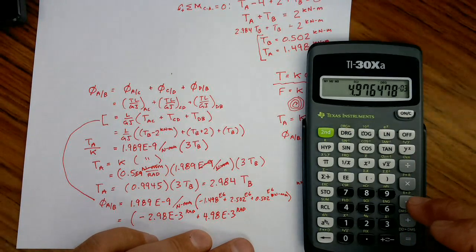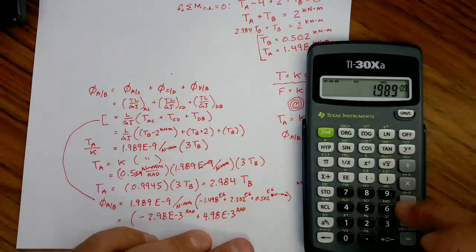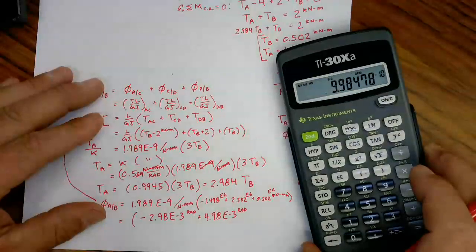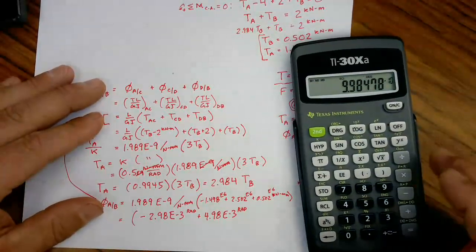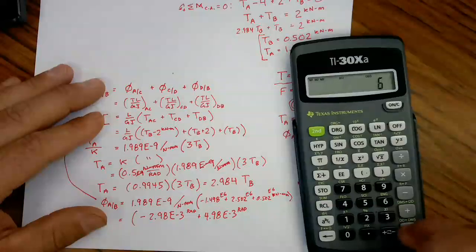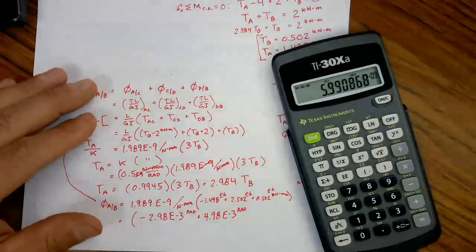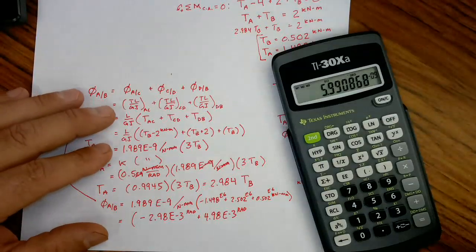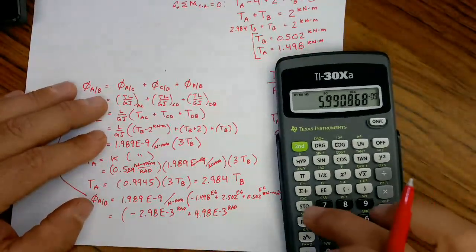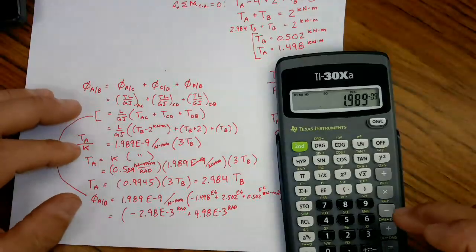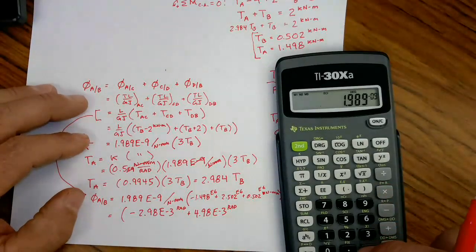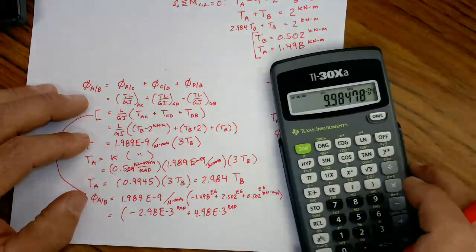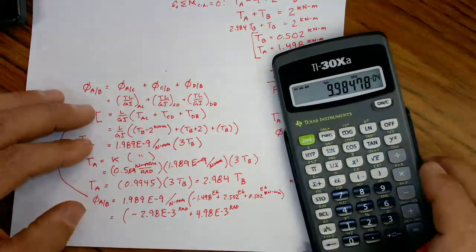And then recall 1.989 times 0.502 E6 equals, there we go.